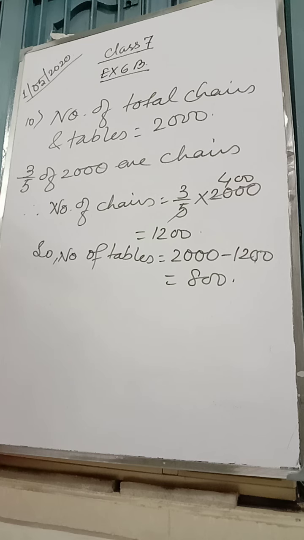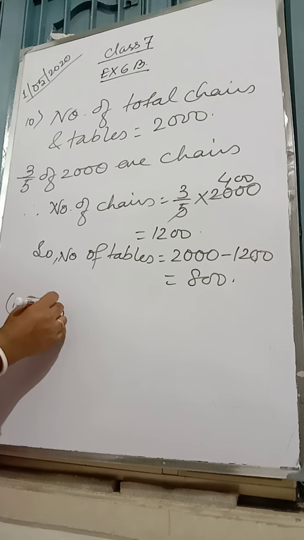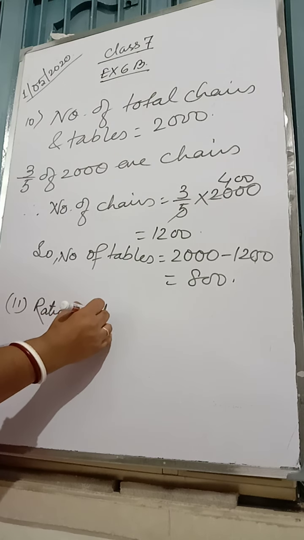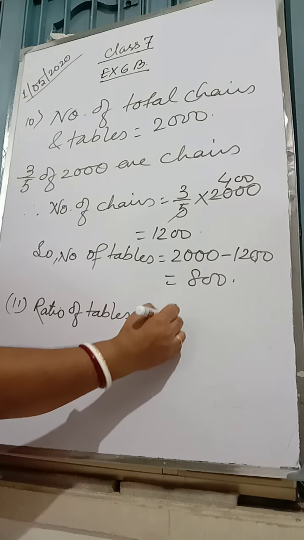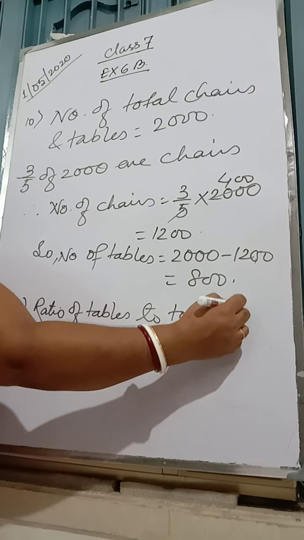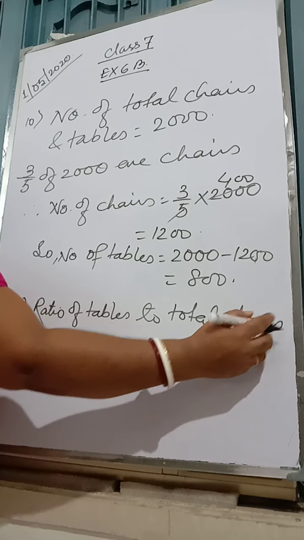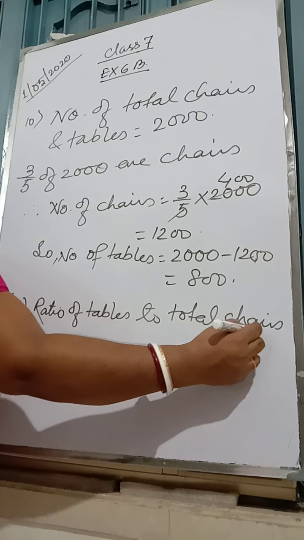Second it says ratio of tables to the total number of chairs and tables. So part B: ratio of tables to total chairs and tables.